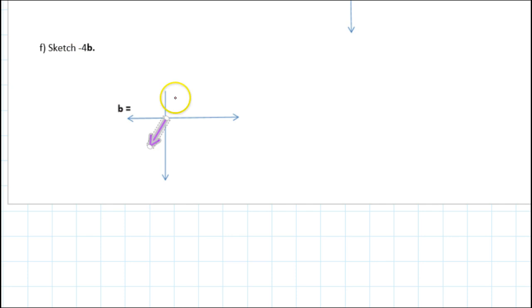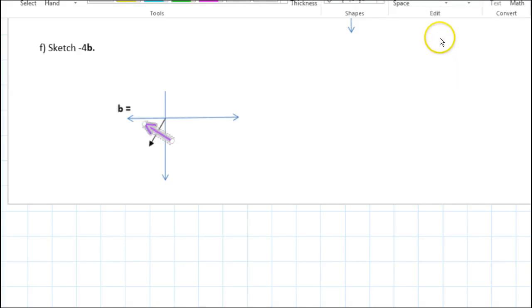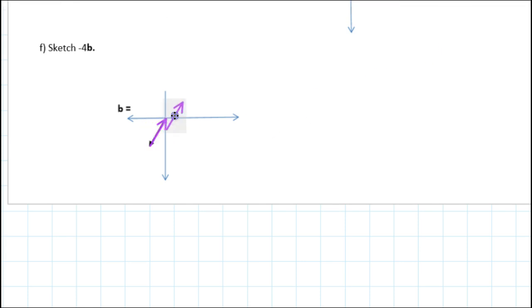Now, to make it go in the opposite direction, I'm going to rotate it. So I'm going to click on draw, then choose rotate 90 degrees. And I'm going to do that one more time. Rotate 90 degrees. So now I have vector B, but I'm heading in the opposite direction.